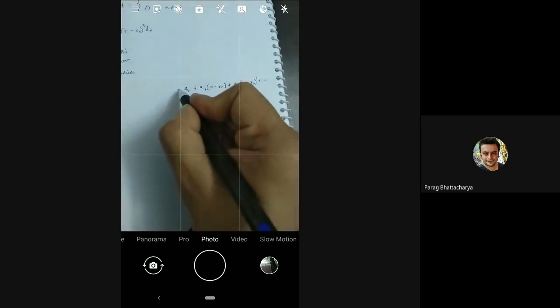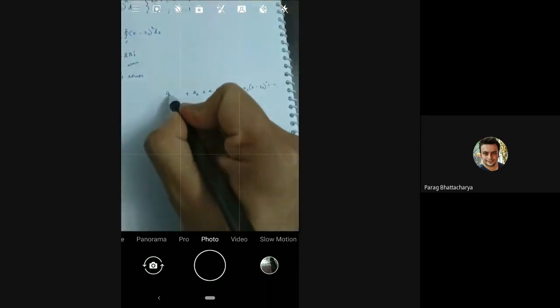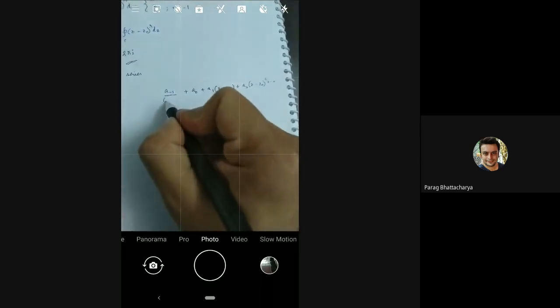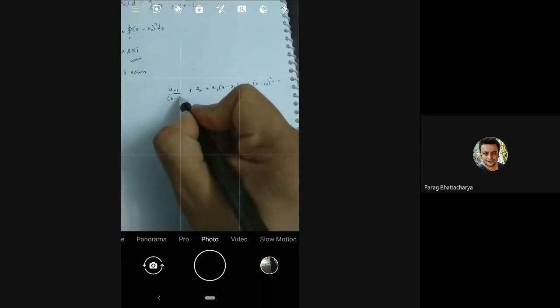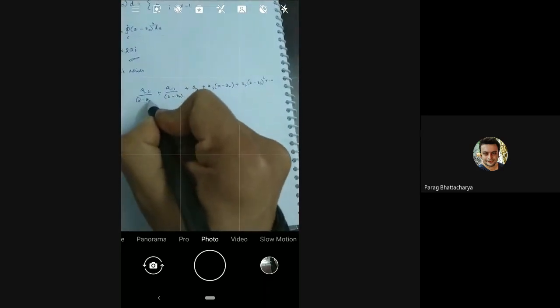On this side, we have the negative powers: a minus 1 divided by (z minus z naught), then a minus 2 divided by (z minus z naught) squared, and so on. This is the Laurent series.